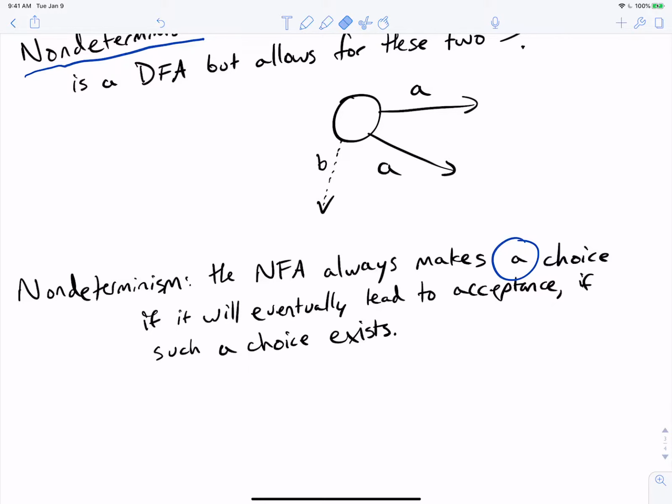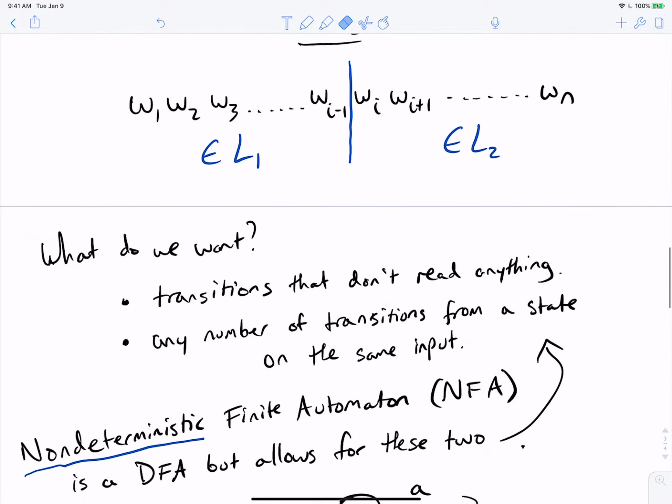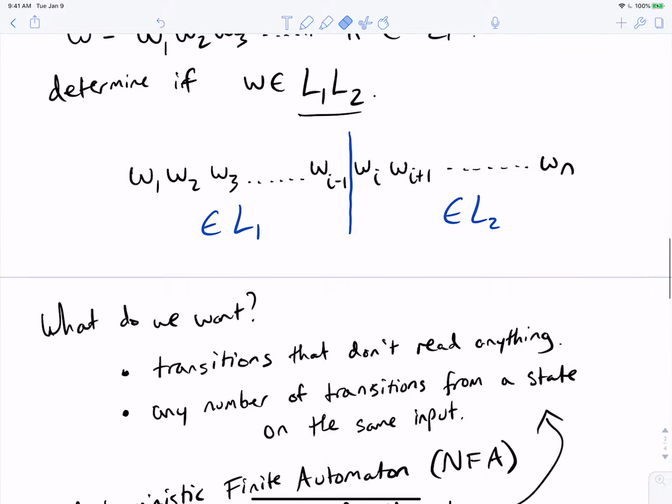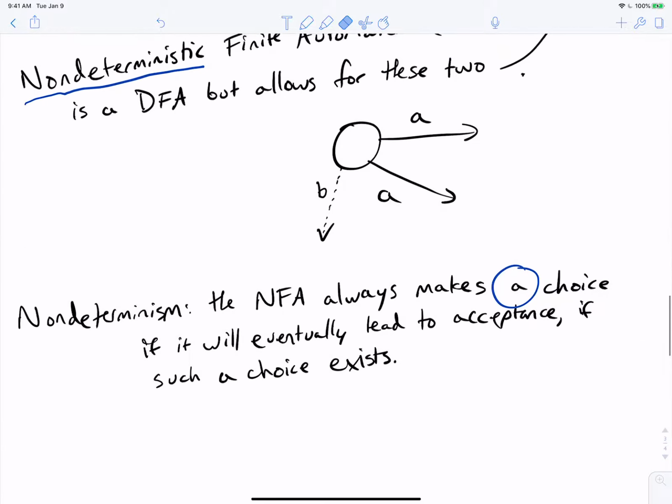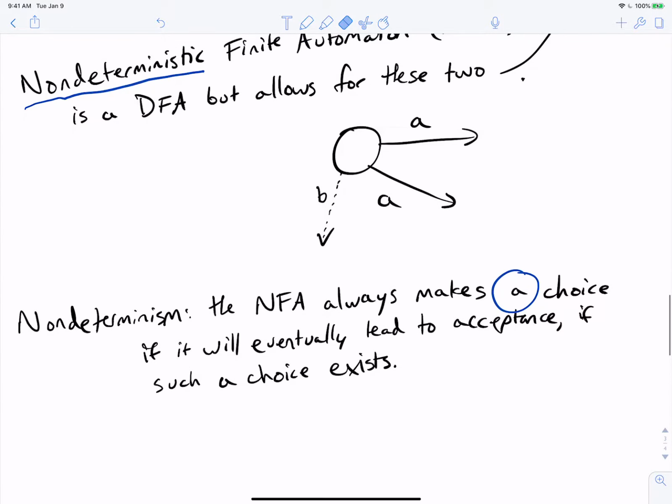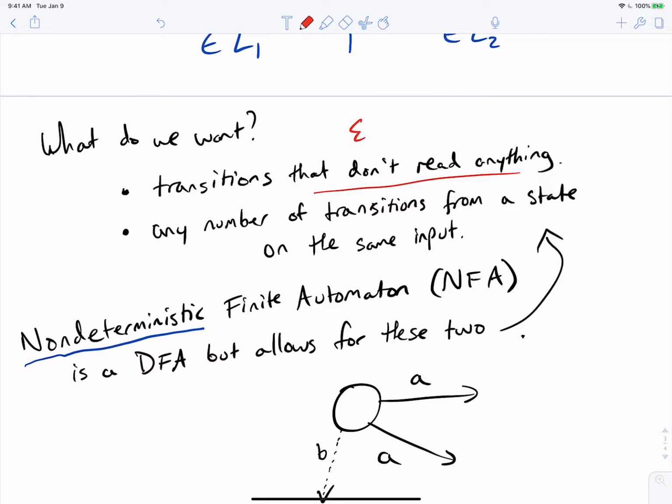That's one reason why we're doing this. Concatenation appears difficult for DFAs to do, but it's really easy for NFAs to do. So let's actually do an example. One more thing before we get to the example is that these transitions that don't read anything, we're going to call them epsilon transitions.